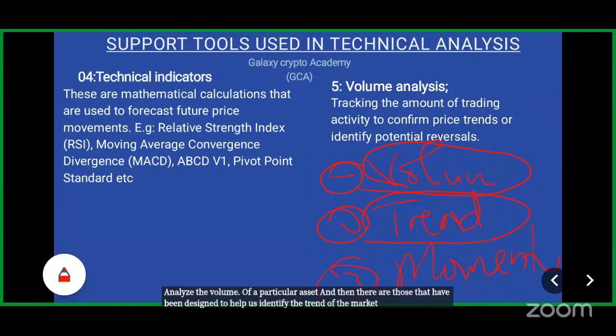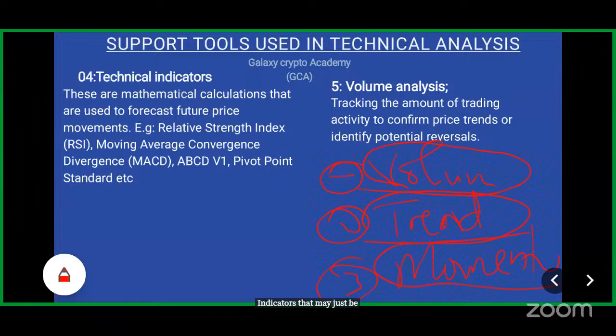Yeah. And those designed to help us have an insight on what the momentum is like in the market with regards to a particular coin. Now, there are some of these indicators that may be specifically and singly one of these, and others that may have a combination of these embedded in them.